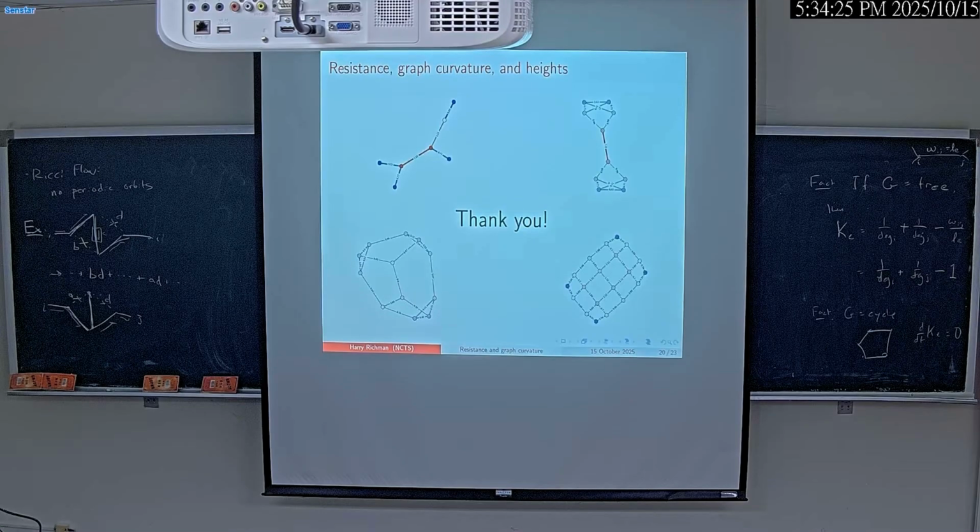Another simple example is if you take a complete graph on four vertices with equal edge lengths, the Weierstrass points will just be the vertices. And the result that I mentioned, what I'm drawing here is specifically Weierstrass points for the canonical divisors.